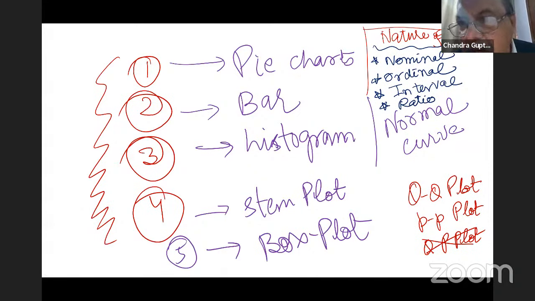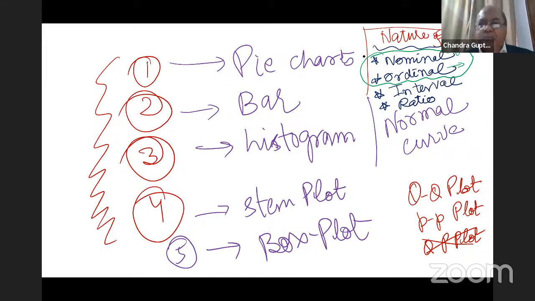Nominal data is your categorical data, qualitative data, and you have gender, okay, rural background, urban background, that kind of data, that's your nominal data. So when you get the ranking or preference, where you have the hierarchy, you get the ordinal data.